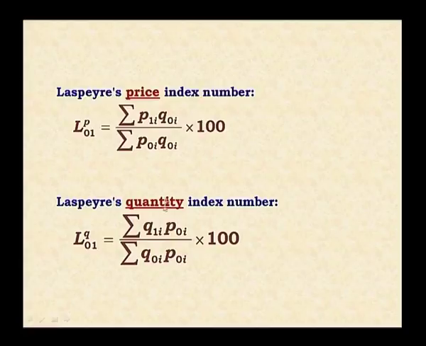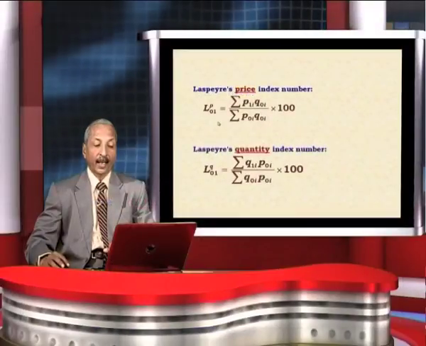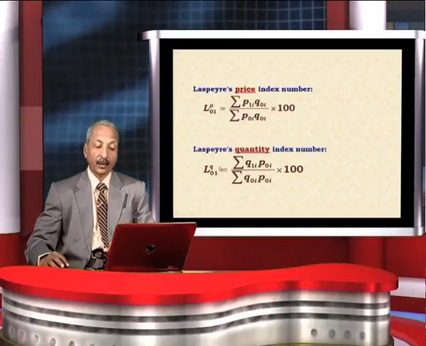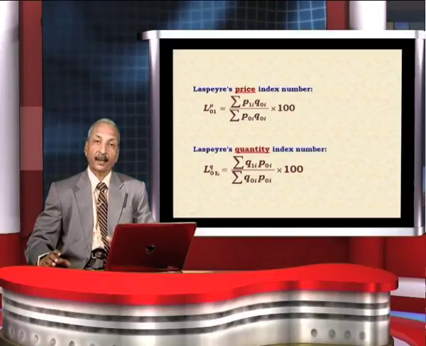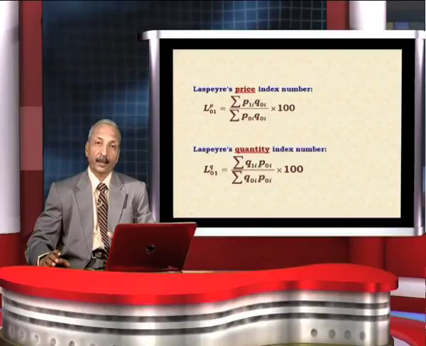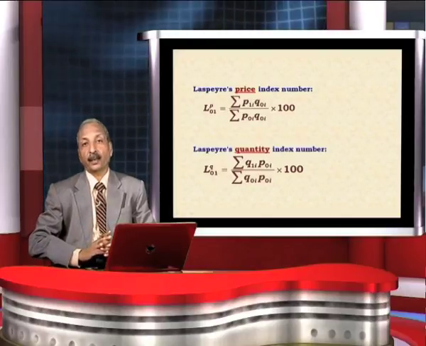Here we can see that in these two formulas, the P's are replaced by the Q's, and the weights are taken here as the prices of the commodities in the base year.